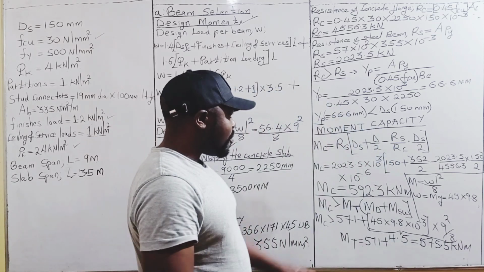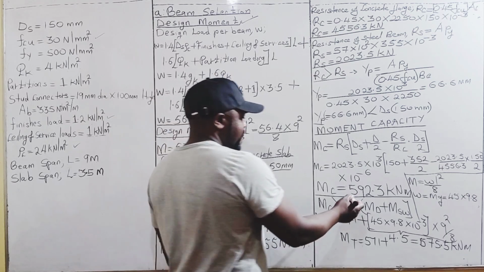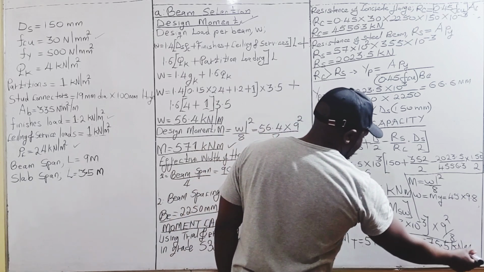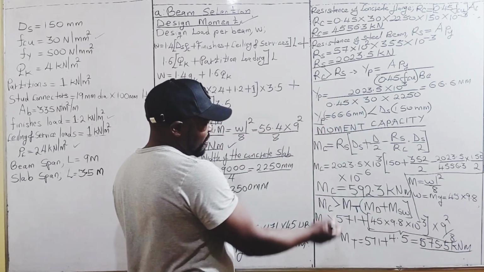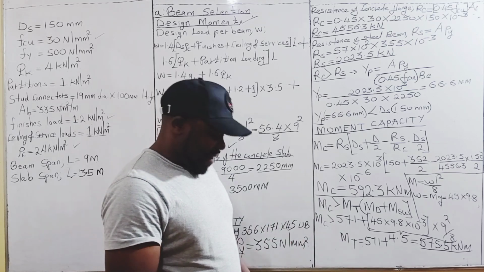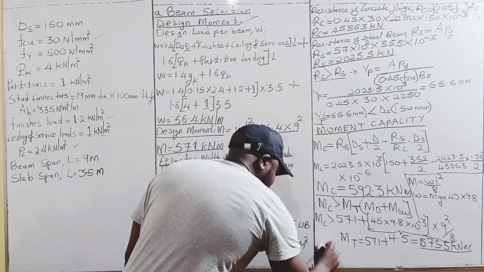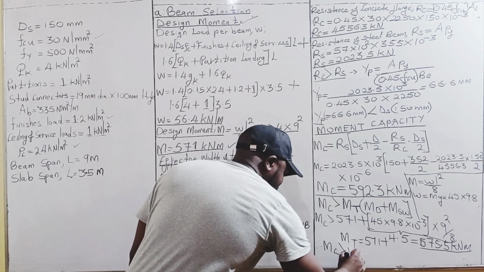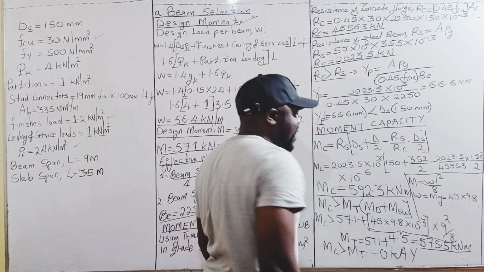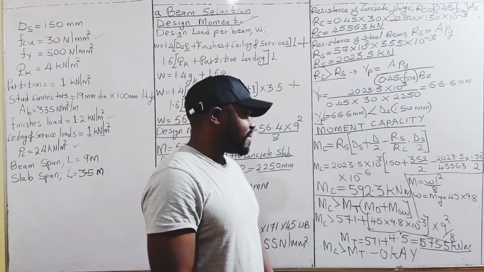And therefore, when we compare the moment capacity, which is 592.3 kilonewton meter, and the total moment, which is 575.5 kilonewton meter, we find that it is greater than total moment, and therefore the section we have selected is okay. Therefore, since moment capacity is greater than the total moment, our section that we have selected is very much okay. So that is how we deal with moment capacity.